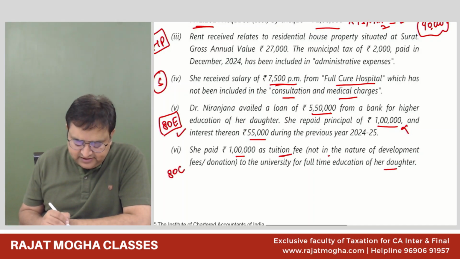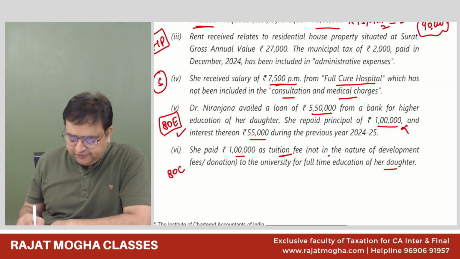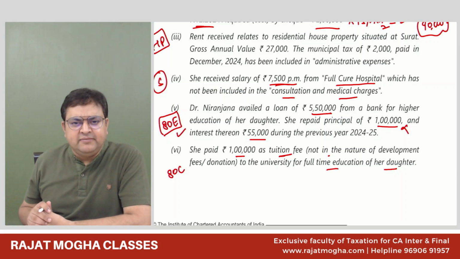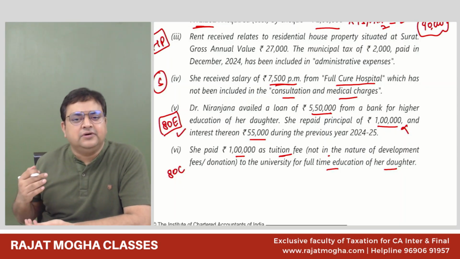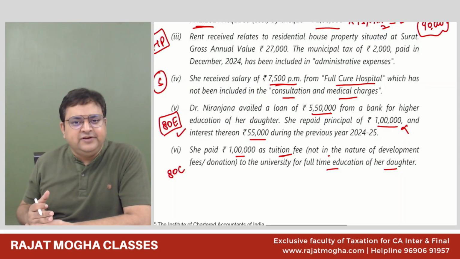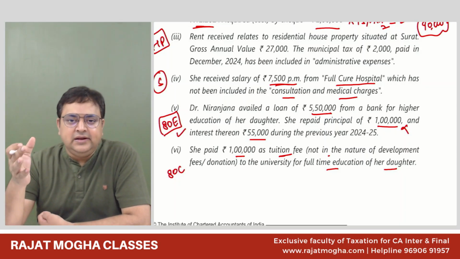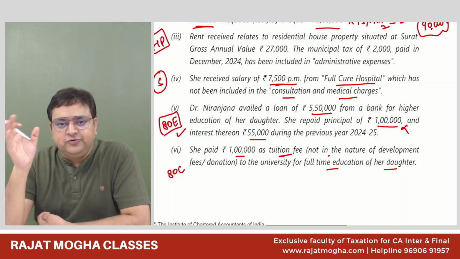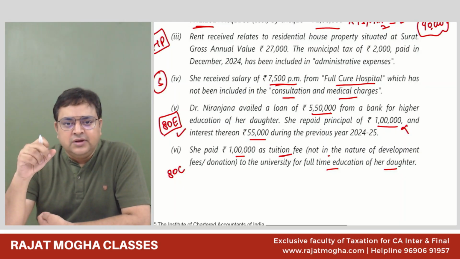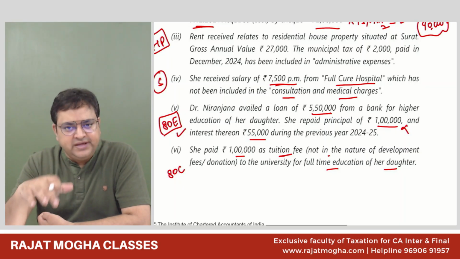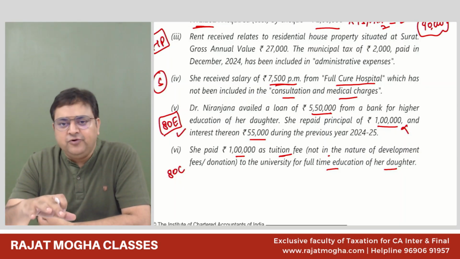So we understand it is for the full-time education, because for part-time it is not allowed. So for full-time education, for school tuition fees, for the college tuition fees, for any other higher education recognized in India, 80C. See, 80E loan can be taken for outside India education also, but 80C deduction of tuition fees, the institution should be there in India, and that too for a full-time education.